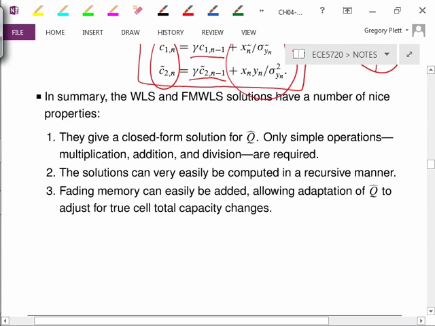Summarizing this section before we go on to look at a total least squares solution that's derived in a similar way, we see that these solutions have a number of properties that are quite nice that we would hope to have in our capacity estimator. First, they give a computable solution for Q hat. That's what I really mean by closed form here.